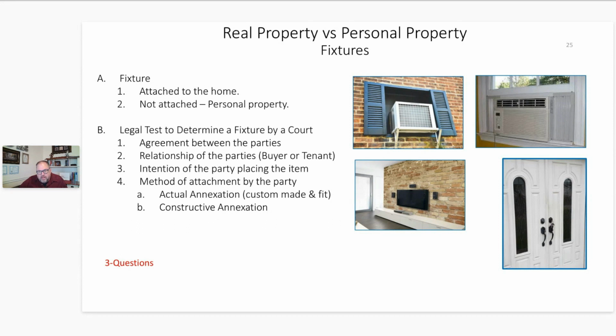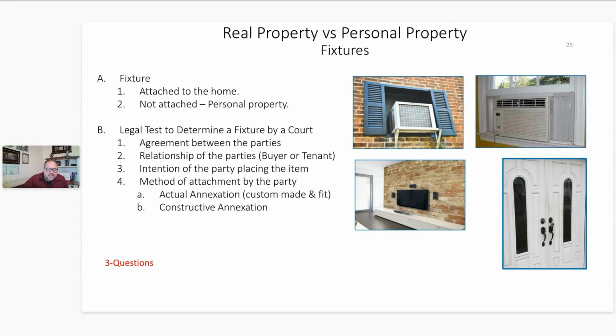Now, I've got a couple examples on this one, on number 3. If you look at the top 2 pictures, you look at the far right one, you can see that all I would have to do is unplug it, lift up the window a little bit, take those accordions, fold them in, and pull the air conditioner in, put it in the box, and shut the window, right? May take maybe 30 seconds, okay? My intention is not to make it permanent.